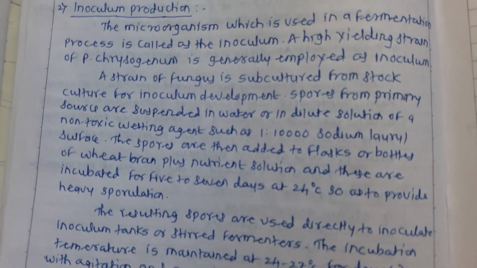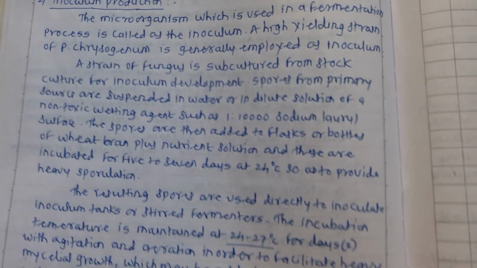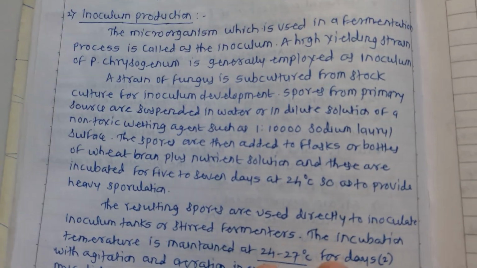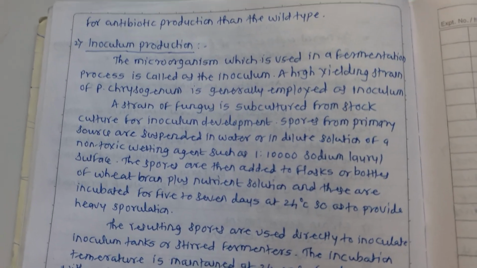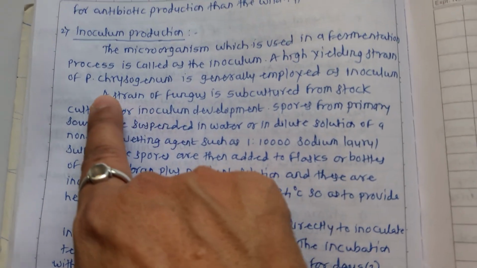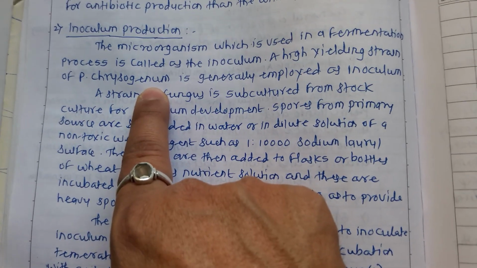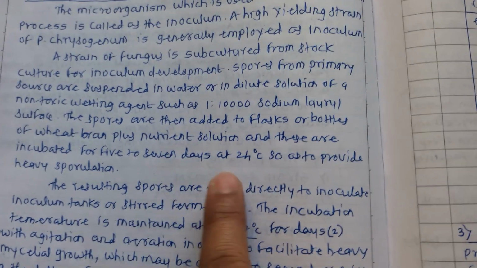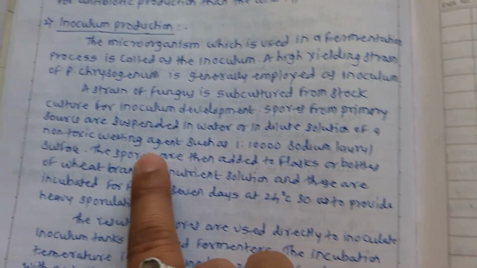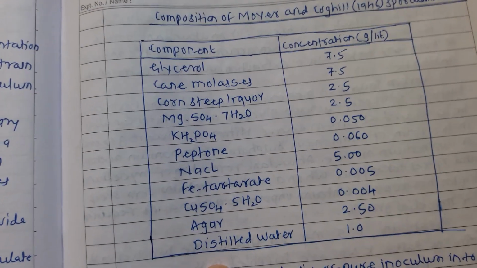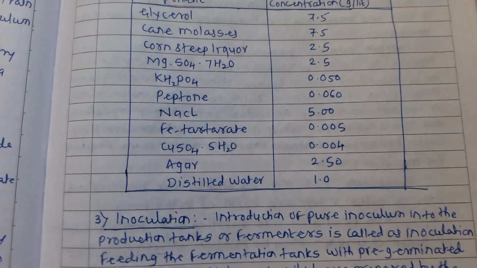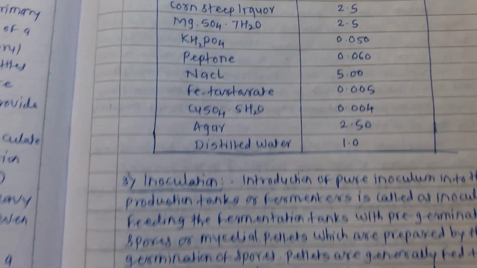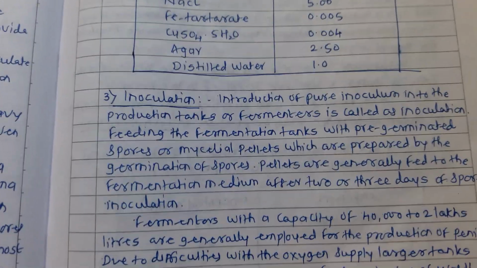That is simply the inoculum production, where we increase the quantity of the inoculum. The Penicillium chrysogenum grows on this medium, and the mixture is incubated for 7 days at 24 degrees Celsius. Because of that, the inoculum takes up nutrients, starts multiplying, and a number of mycelia are produced. After production of sufficient mycelia, the next step is inoculation.